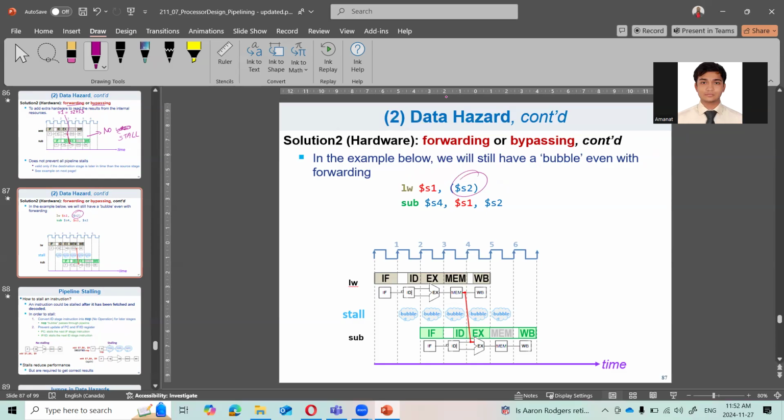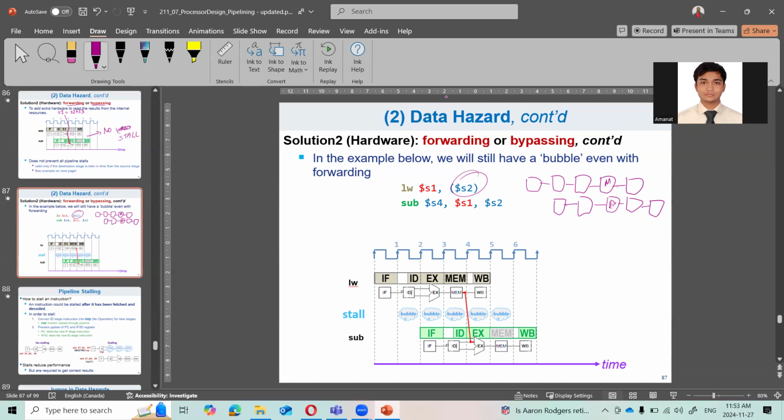So for this, we have 1, 2, 3, 4, 5, and here in memory, we get the result. So if we try to run this, we need it at least in the execution stage. There's no way.